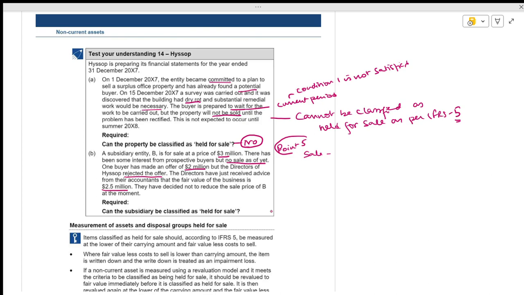What is the sale value? 3 million. The subsidiary is for sale at a price of 3 million. And there is an offer of how much? 2 million. One buyer has offered 2 million. But they said that the fair value of the business is how much? 2.5 million. Is it right?